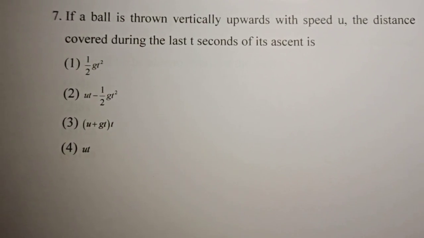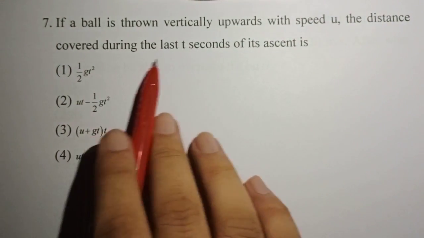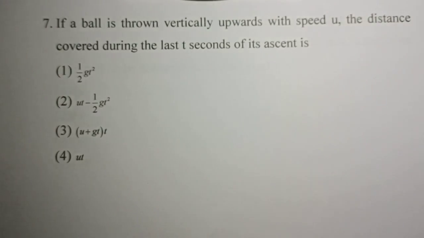Question number 7. If a ball is thrown vertically upwards with speed u, find the distance covered during the last t seconds of ascent.